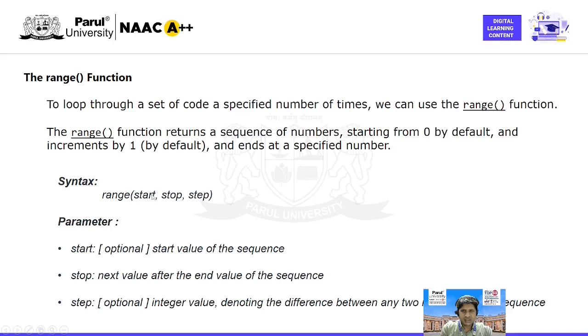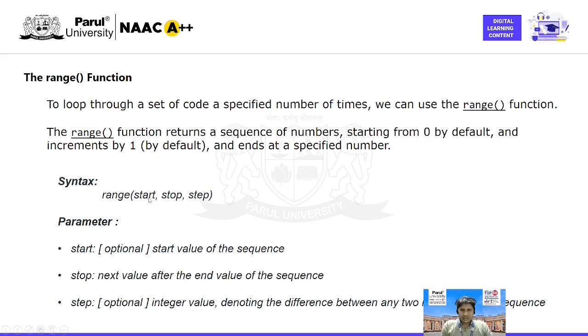Start means from where your loop will start, stop means where your loop will stop, and step means how many increments take place as the loop jumps from one step to the next.